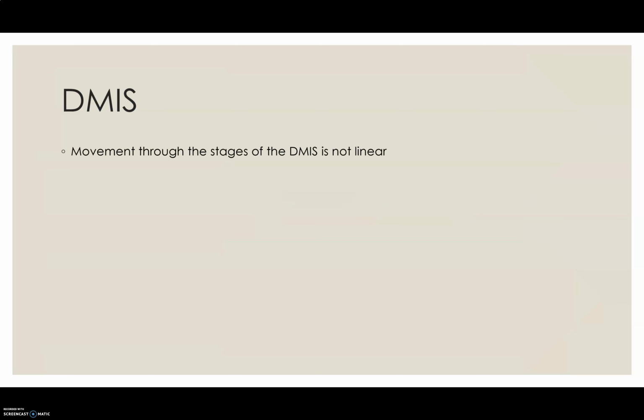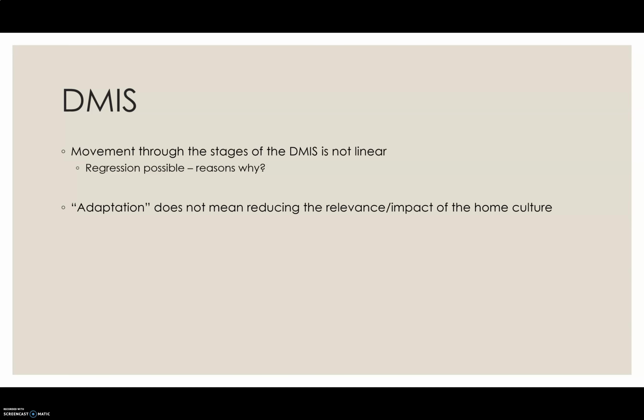Okay, so as I said from the very beginning, just remember, movement through the stages is not linear, okay? So regression is possible. Can we think of some examples for this? An example might be that you're doing very well, you're having a great time in Germany, and suddenly, I don't know, you're mugged on the street by somebody from a particular culture.